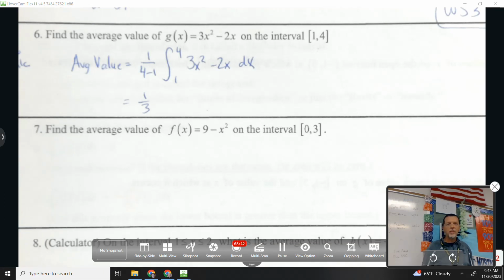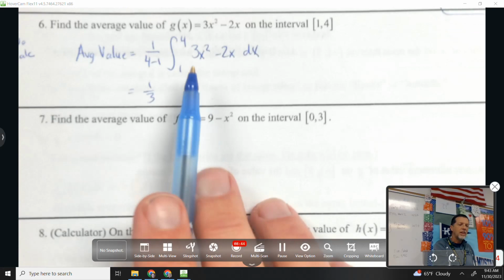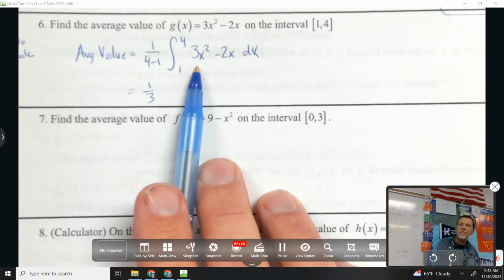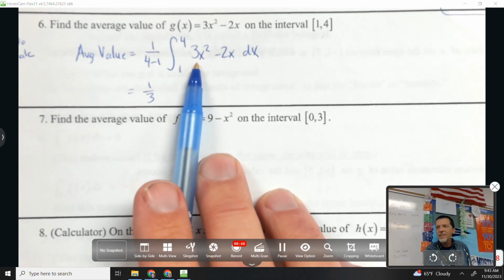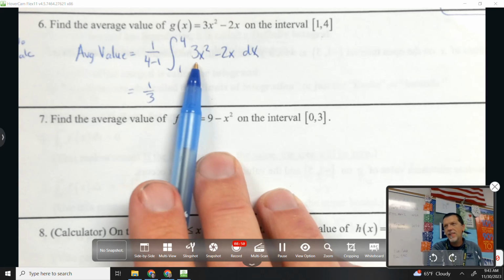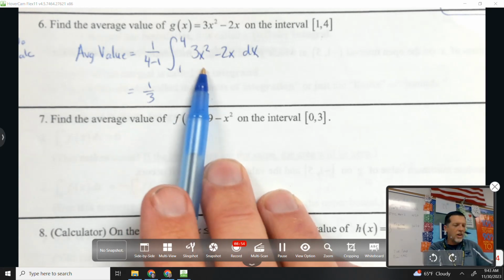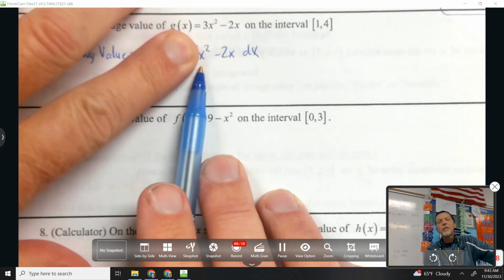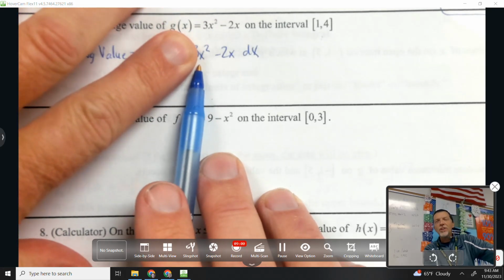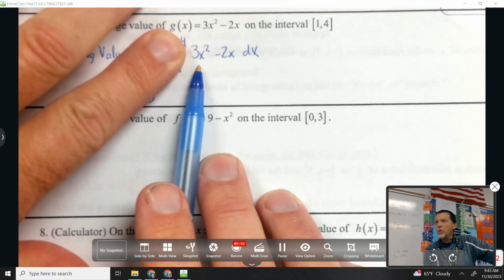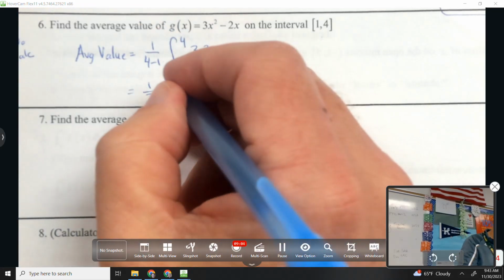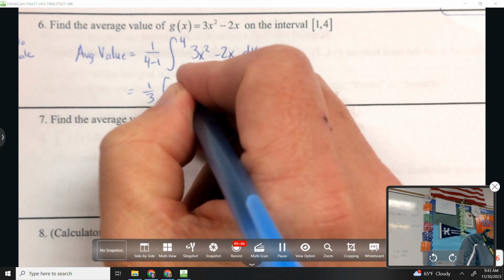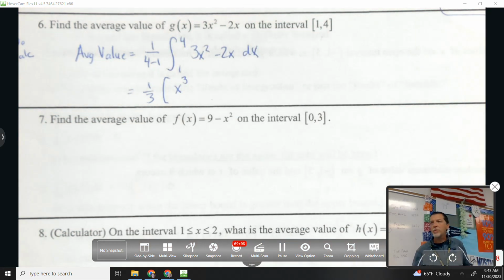So let's pick on some people. Jake, how about the antiderivative of 3x squared? Well, the antiderivative of x squared would be 1/3 x cubed, but then there's also a 3 there, so in the end it reduces to x cubed.